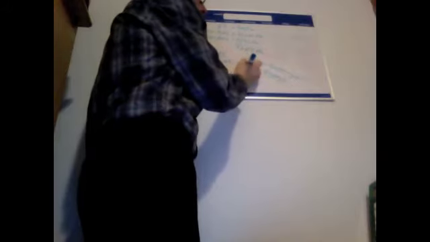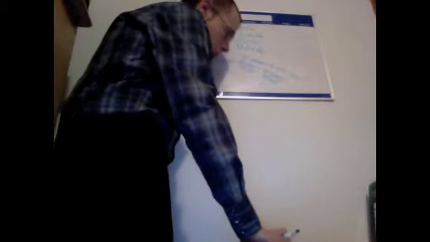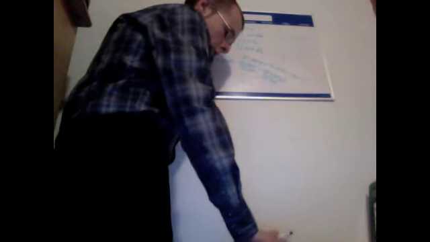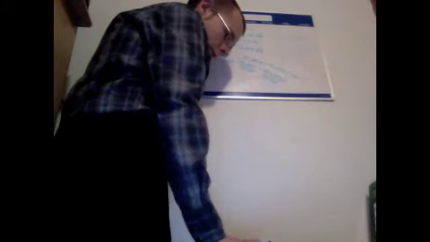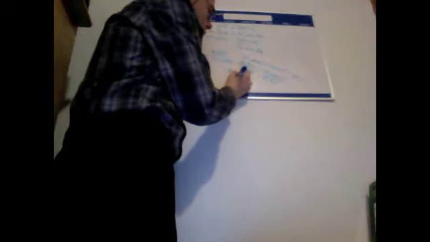Divide by 101,000, and 9,241,500 divided by 101,000 equals a 9.15% change.